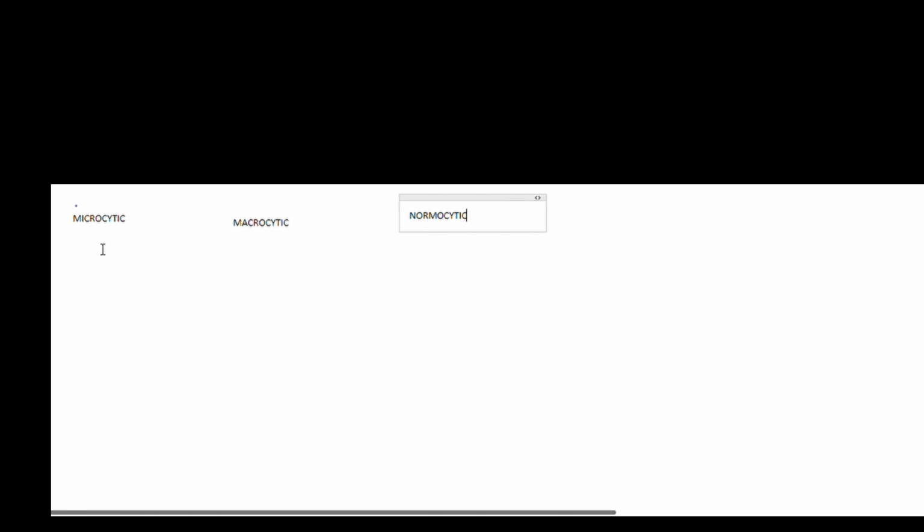separately. So microcytic anemia is when MCV is less than 80.